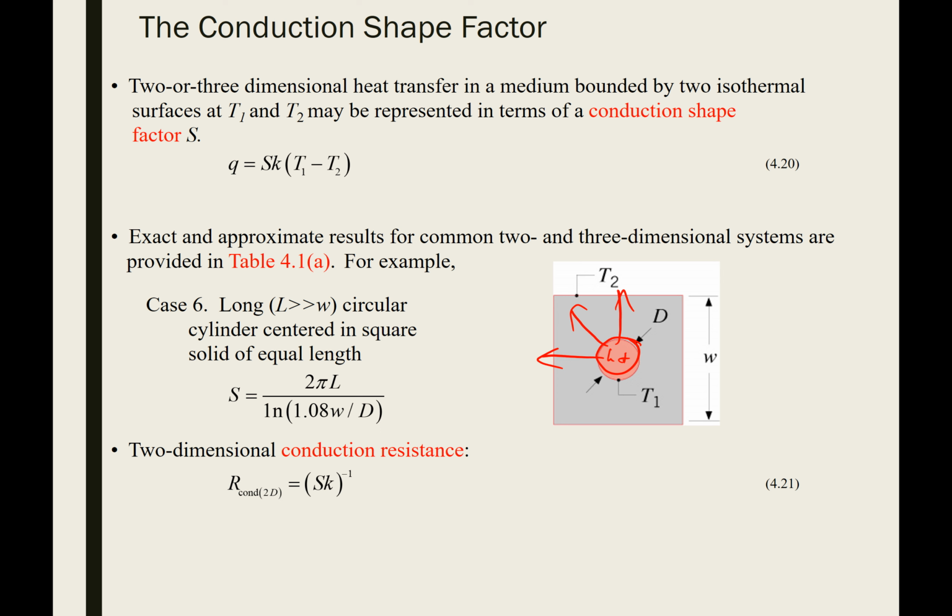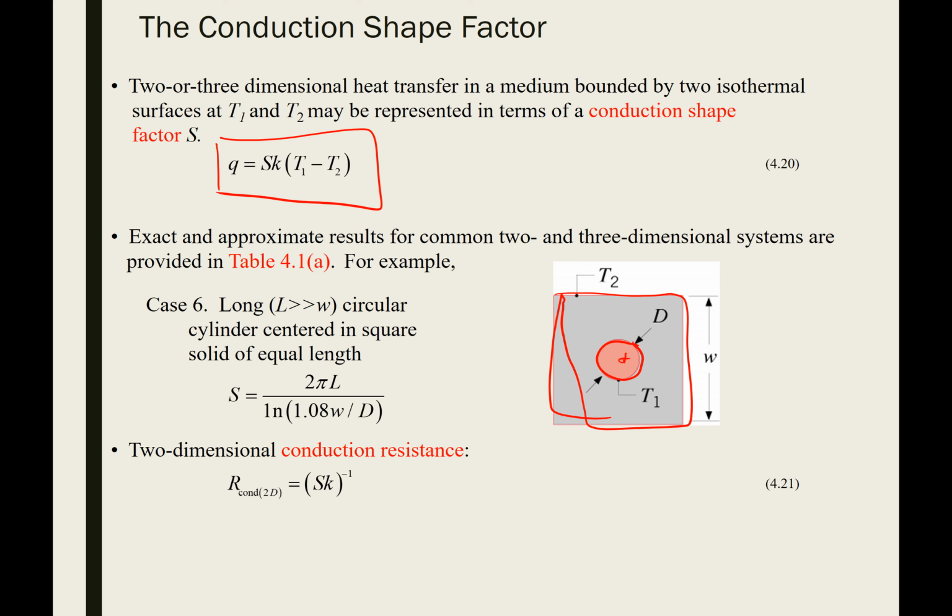So what this shape factor term allows us to do is, if we make the approximation that this T1, the surface temperature of this embedded solid, is all the same, and that T2, the surface temperatures of the other material that it's embedded in, are all the same, you can write heat transfer in this form. Again, this is an extreme approximation.